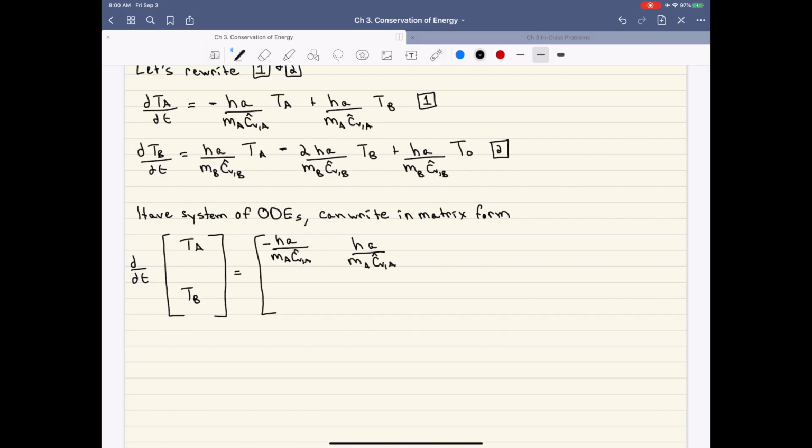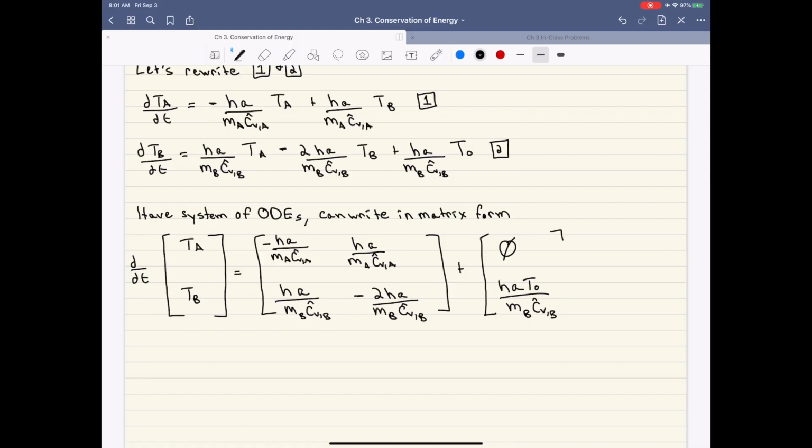On the bottom, we have HA over MB CVB, that's a positive value, and here, negative 2HA over MB CVB. And then this will be plus a vector with 0, and HA T naught over MB CVB.